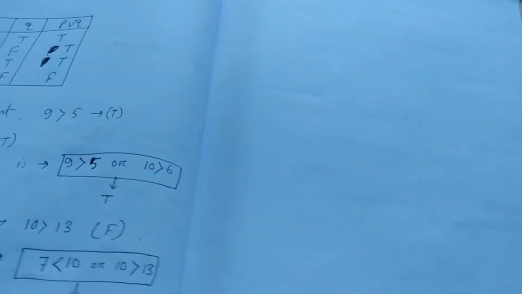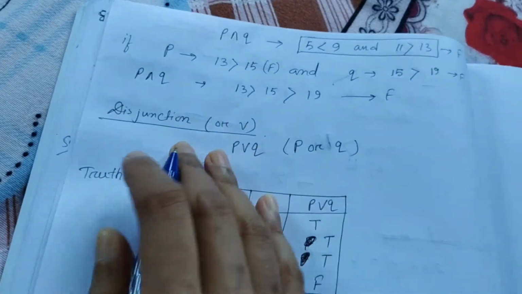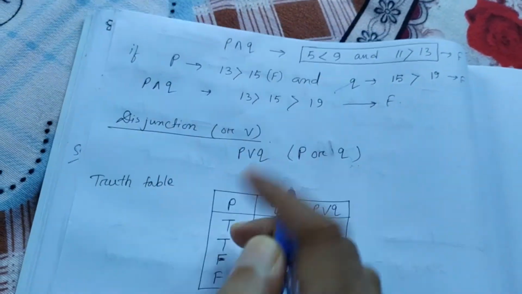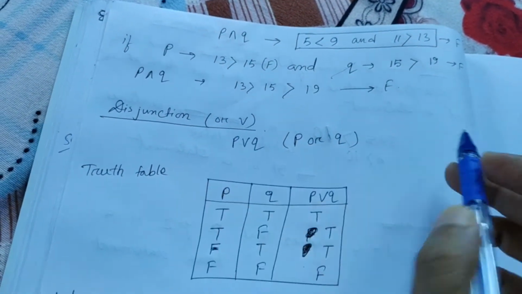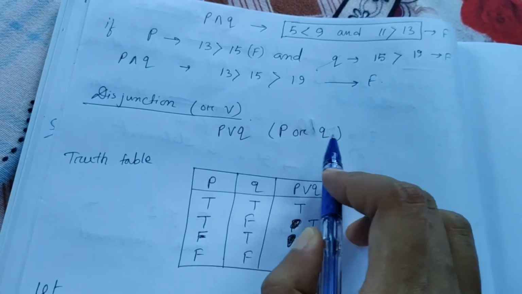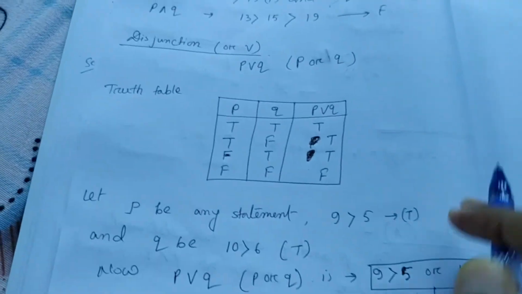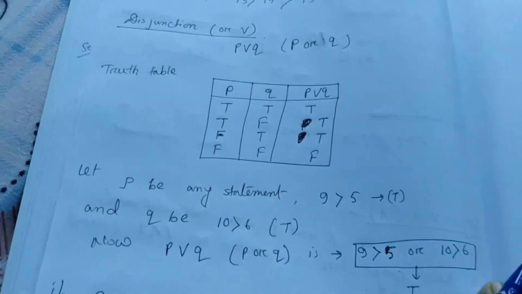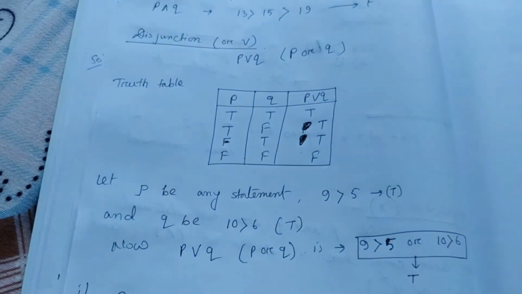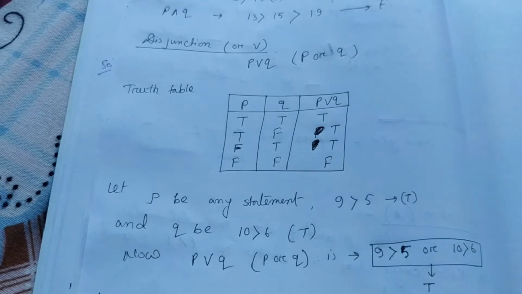Again, you see, the next one is disjunction. It is given by the symbol like this, and it is read as P or Q. Now you see the truth table. The truth table is a little bit different from the earlier one.